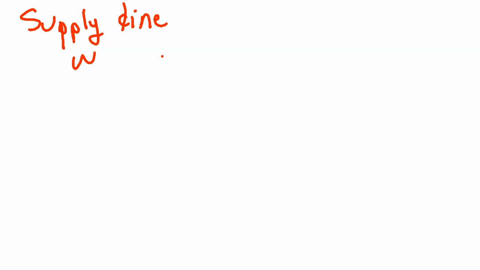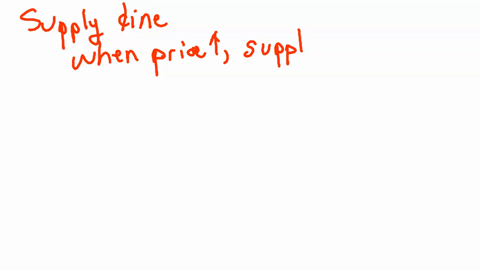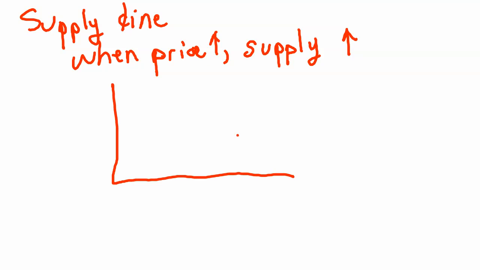Okay, and then talking about lines, I'm just going to mention the supply curve. Since we were talking about business, the supply line: when the price of an item goes up, then the supply increases, because buyers are less willing to buy those items when the price is high. So the supply line, unlike the demand line which decreases, increases.